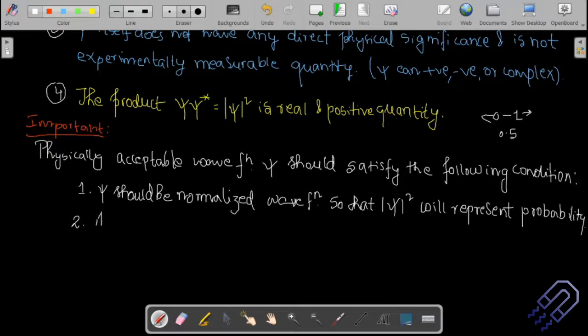As probability is a single valued function, you're basically having a value which should be there.